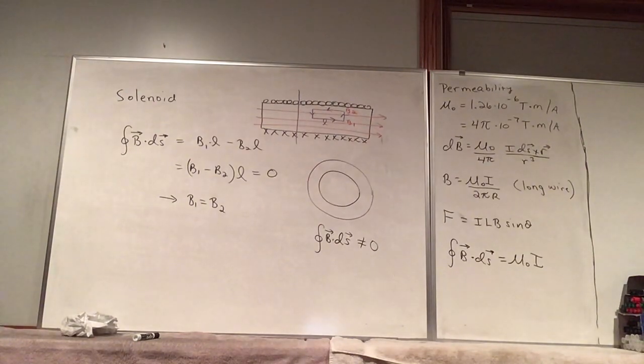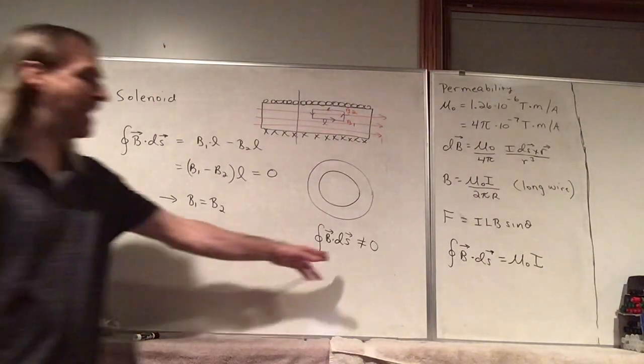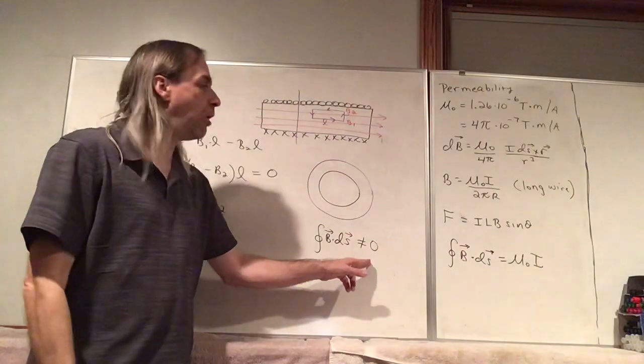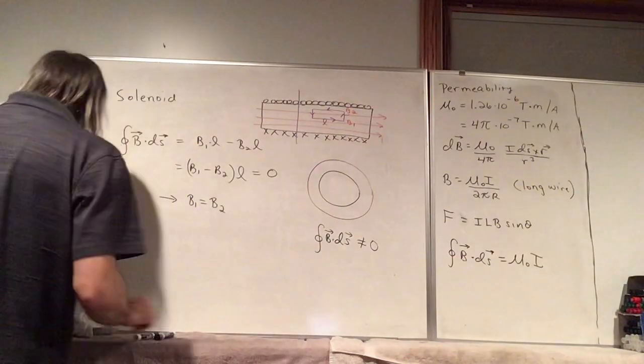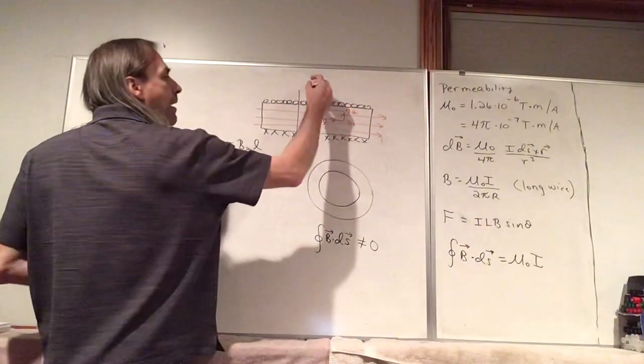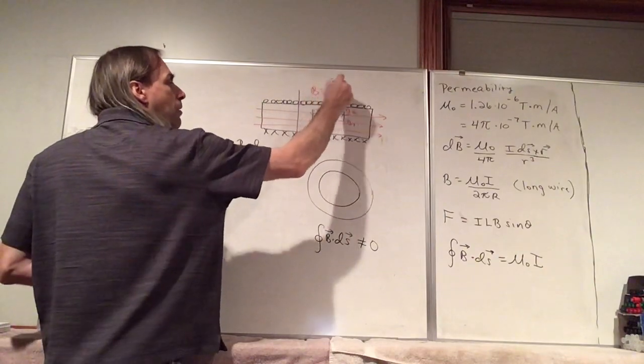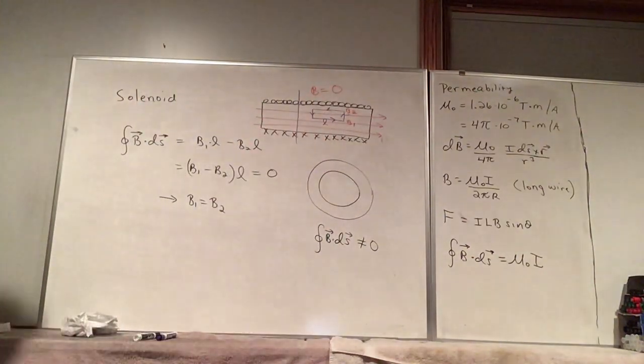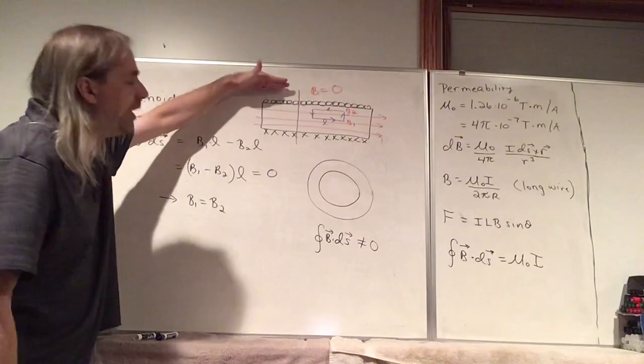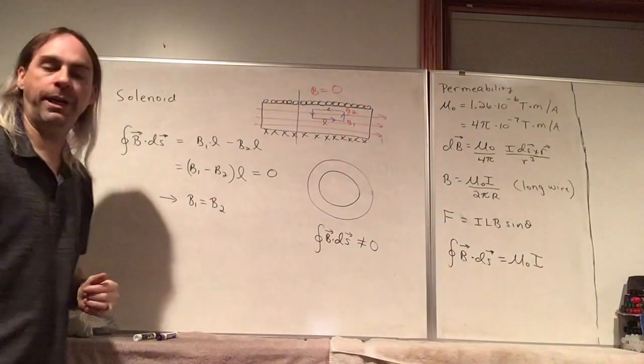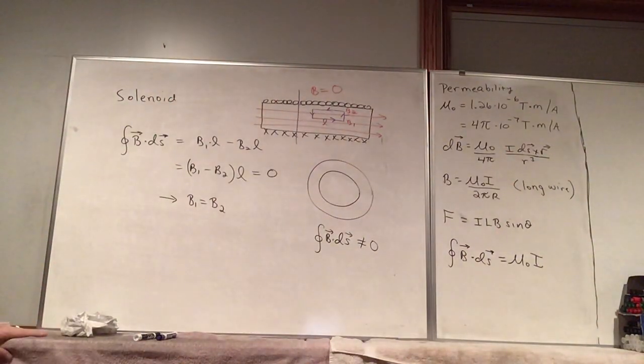And so, even though it's not zero, it is very small, and small enough that we're going to state that the magnetic field outside the solenoid is zero. So again, a little bit of an approximation, but in practice, it works just fine. The magnetic field is much weaker outside compared to inside, so we can just disregard it.